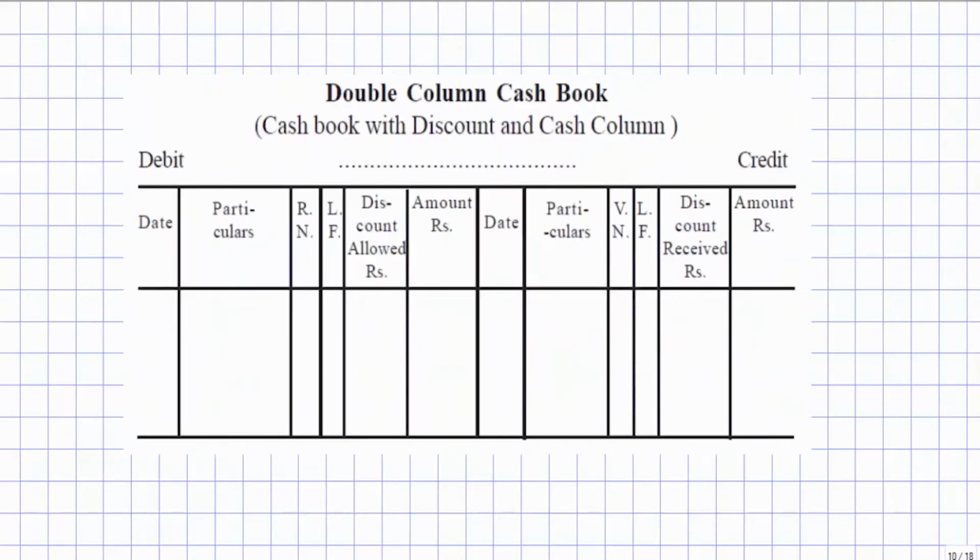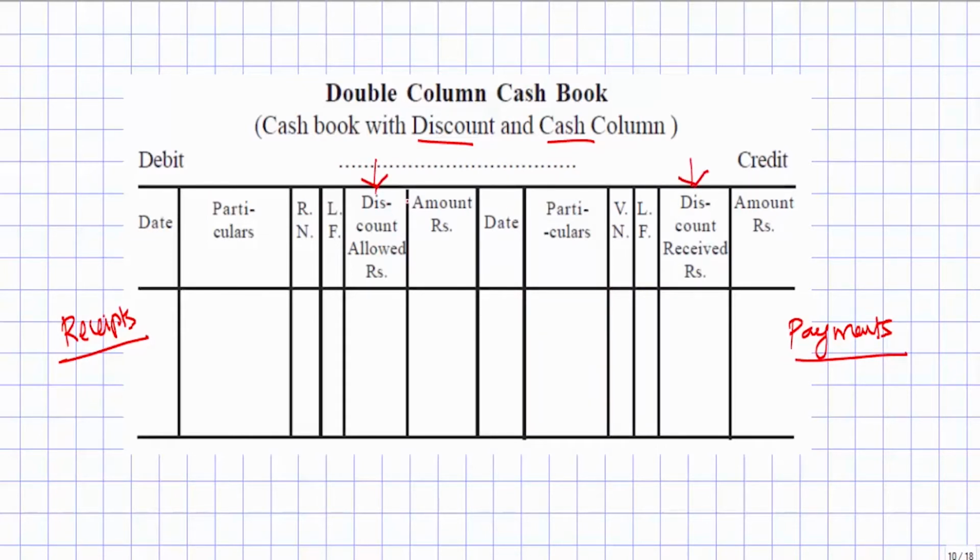So this is the format of a double column cash book, which will have the columns for discount and the cash. So this cash book will also have debit side and credit side. On the debit side you will be recording all the receipts, and on the credit side you will be recording the payments. But what is unique about this cash book is that you are going to have a special column called discount column.